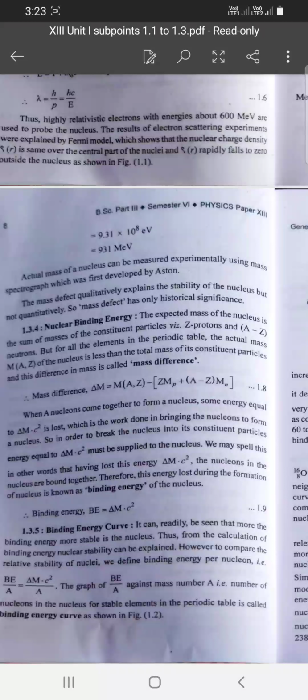The calculation of binding energy and nuclear stability is represented here.